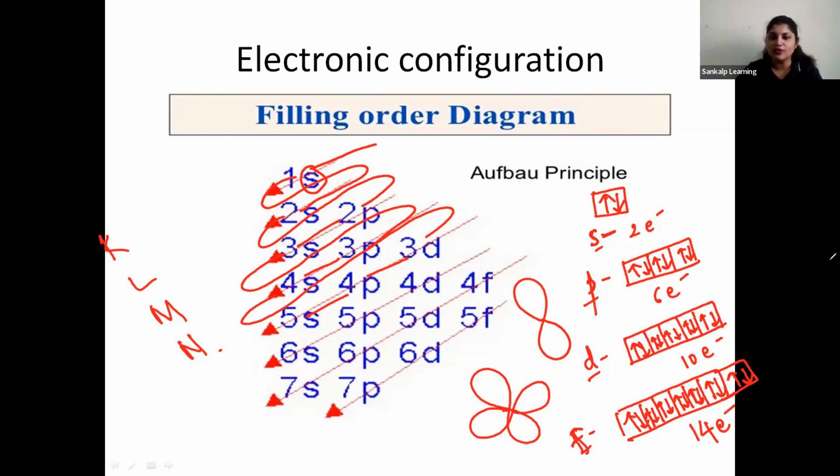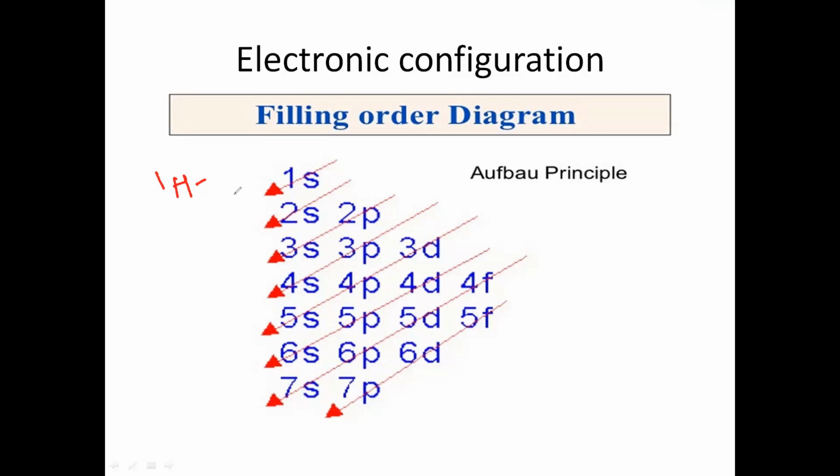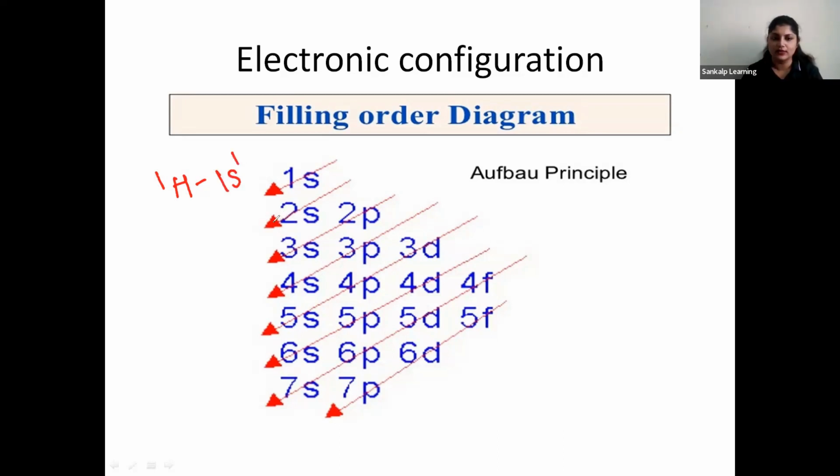So you just need to remember how to fill the electrons for the first 20 elements. Now, for example, hydrogen: how many electrons are there? 1. So it will be 1s1.